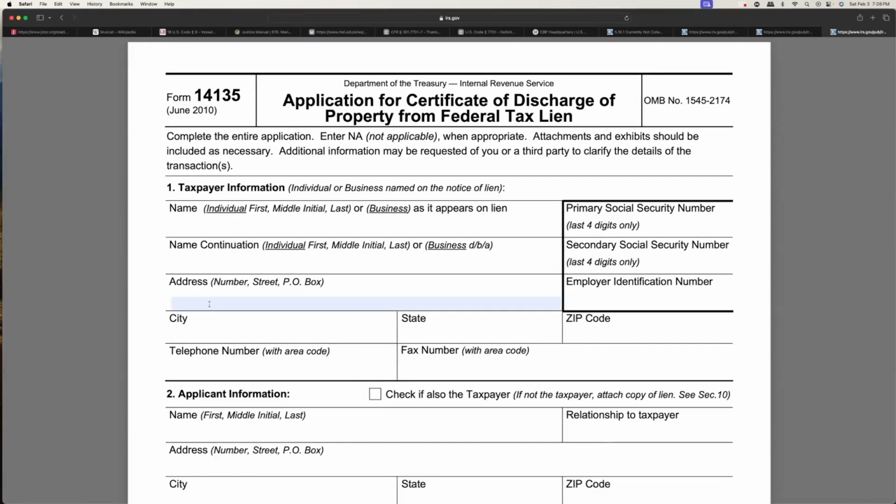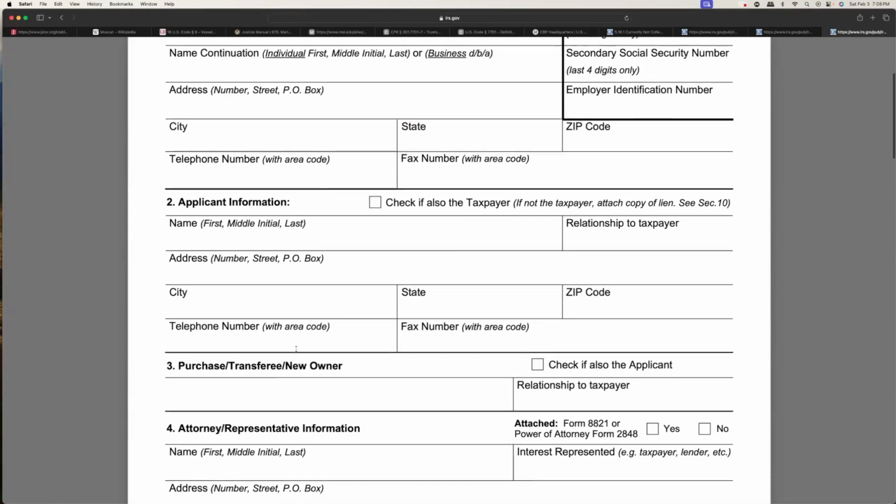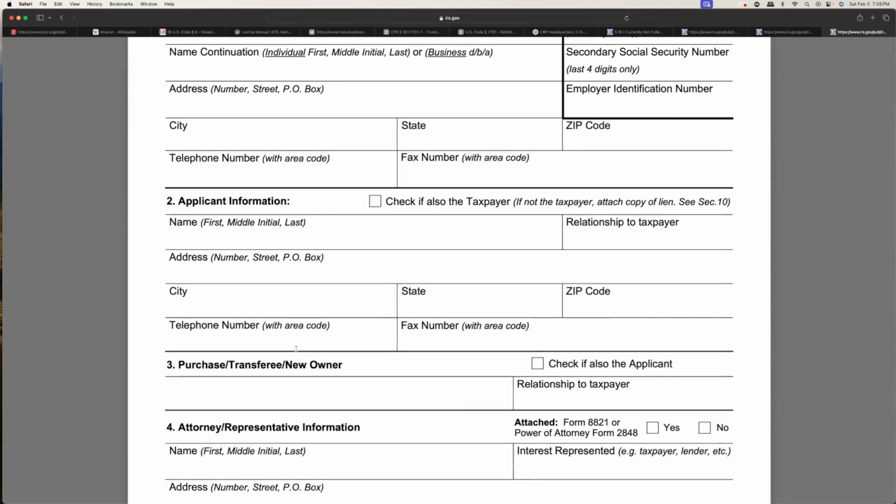The address that's on the tax lien, so that way it matches. Now, who is the applicant? I'm just going to tell you this is being submitted. Let's say I'm the one who's going to buy their house. So this is submitted by me, the buyer. But in all actuality, the person who's going to be the applicant for them is the trustee who purchased the property.